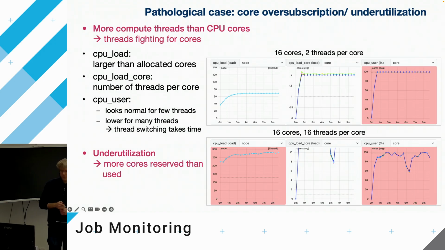Now let's take a look at some pathological cases. In our first example, it's core oversubscription or underutilization. You would think about how many threads you should run on one core if you configure your application, and a good value would be one thread per core, because then the thread is not interrupted.